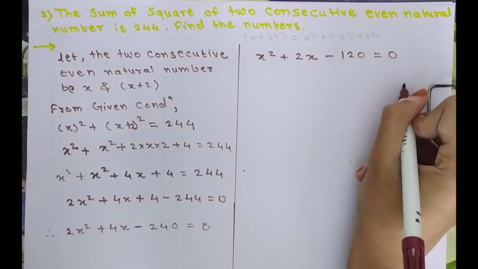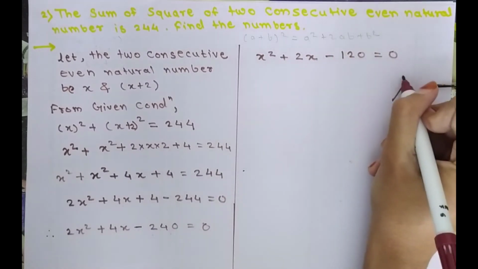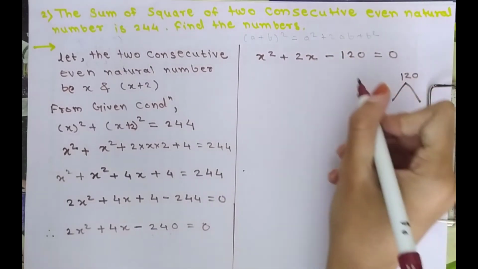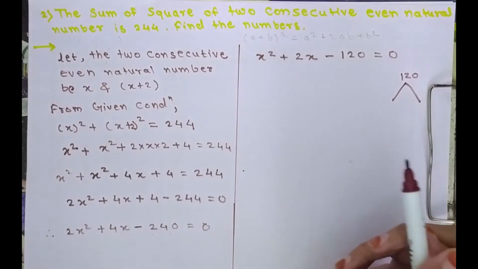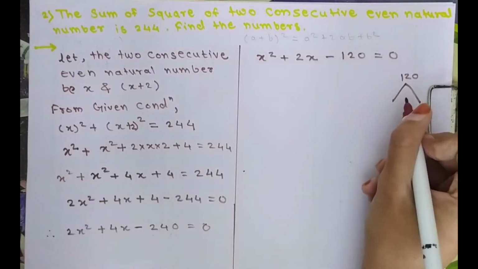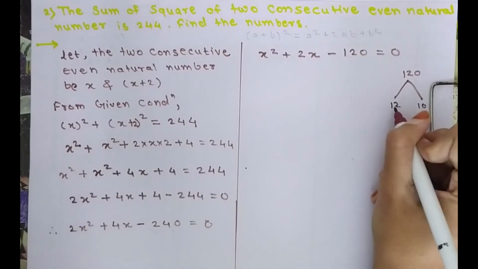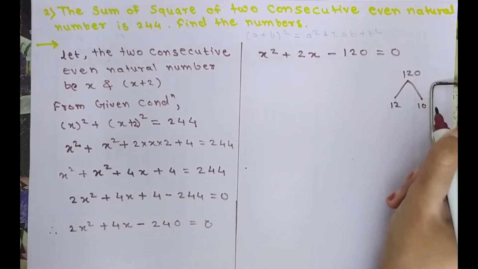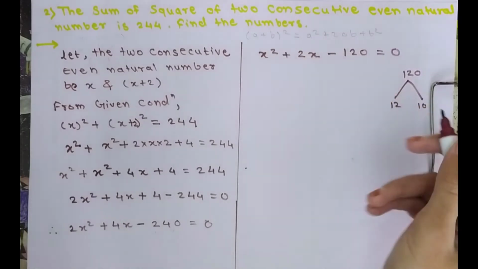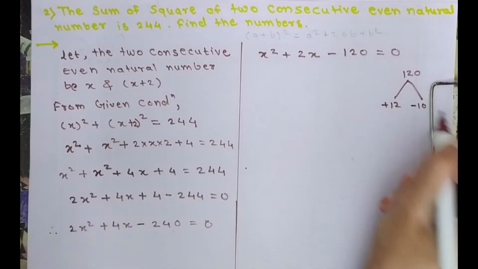So look here, what? Here the multiplication is 120 and the addition is 2. So in which table is this coming? 12 tens are 120 and 12 minus 10 is 2. So we want plus 2 as the answer. So here is plus and here minus.